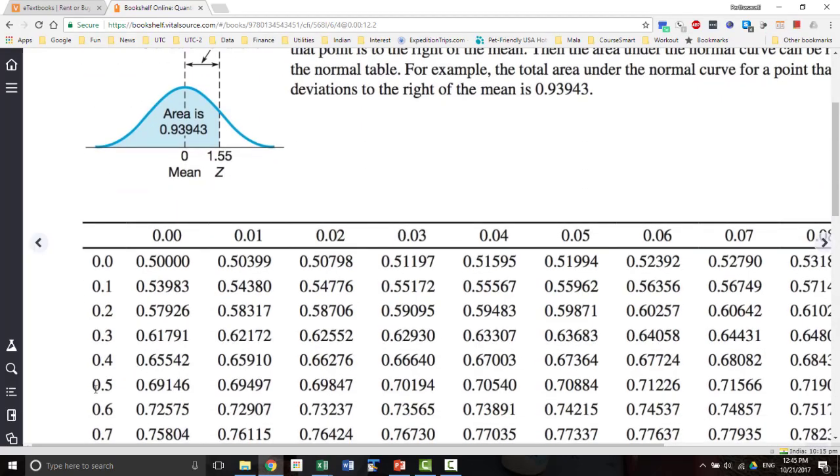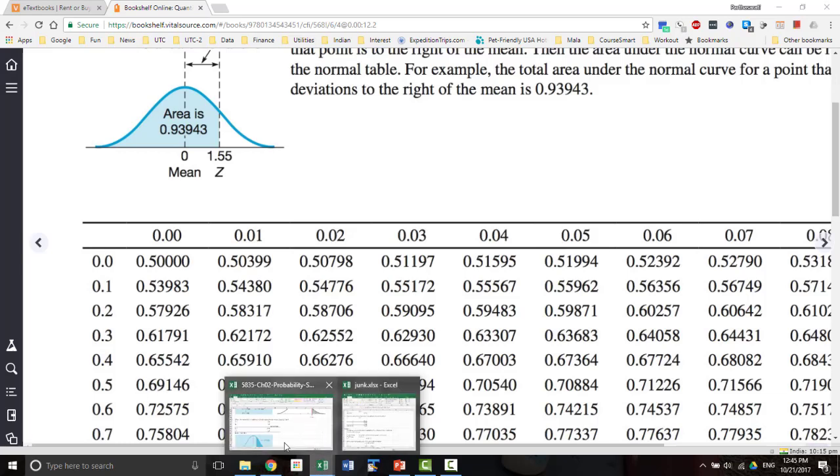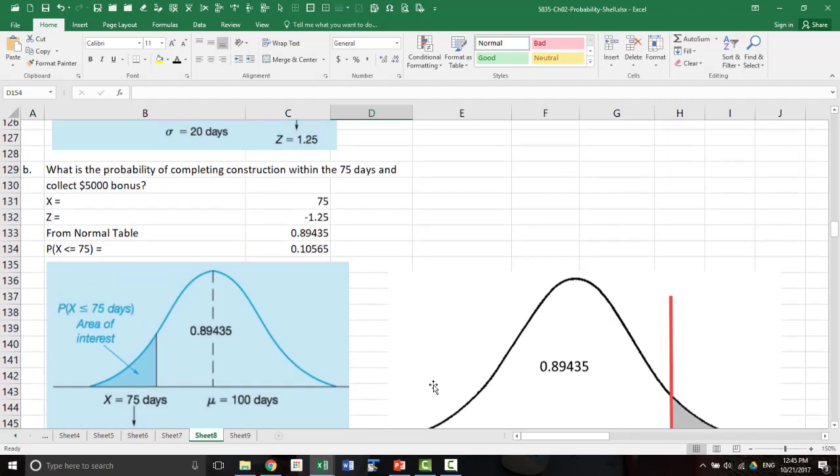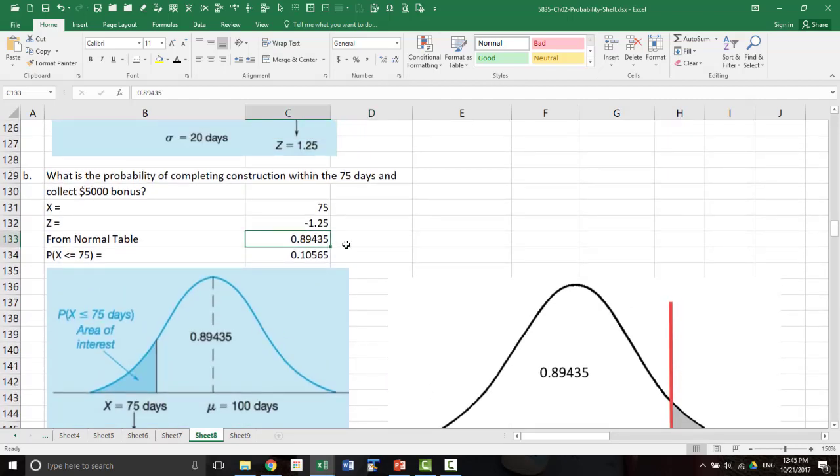So now we can go and look up the value in the table for these two. Okay, z of 0.5, so 0.50, that would be this, 0.69146. Now for z sub 2 of 1.25, we already have that value right here.